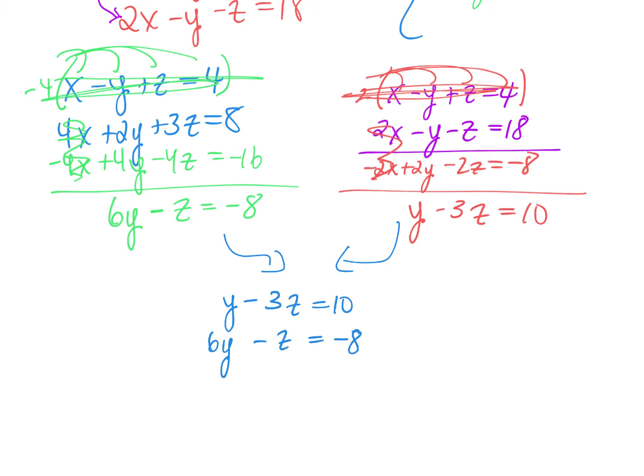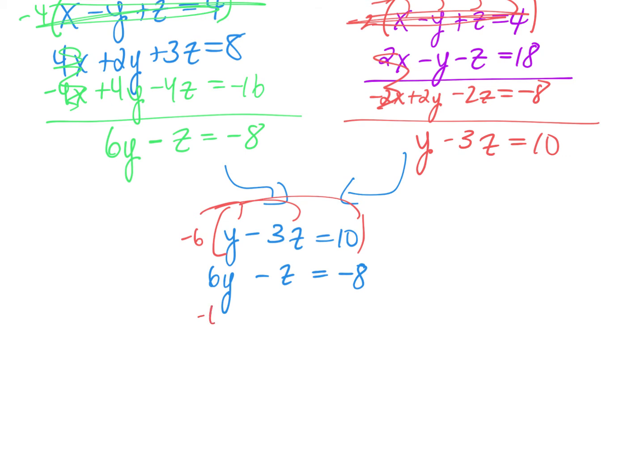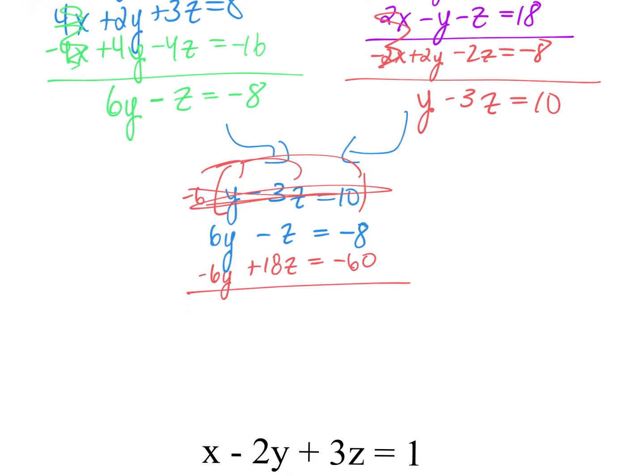What would I have to multiply the top by so that my y's will cancel out? -6, okay. So -6y plus 18z equals -60. My y's cancel out, which is what we wanted. -1 and 18 is 17z equals -68.